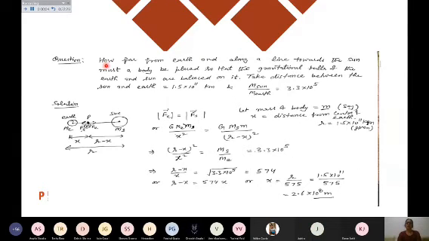The question is, how far from the earth and on a line towards the sun must a body be placed so that the gravitational pulls of the earth and sun are balanced on it? Now this is again something to add to your knowledge.